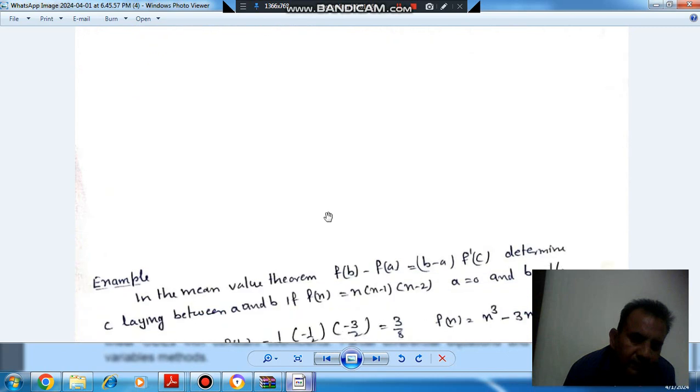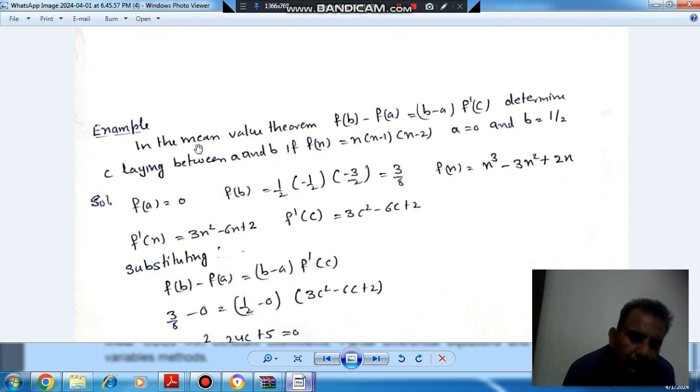Now we will solve one example for this. In the mean value theorem, f(b) minus f(a) is equal to (b minus a) times f'(c).